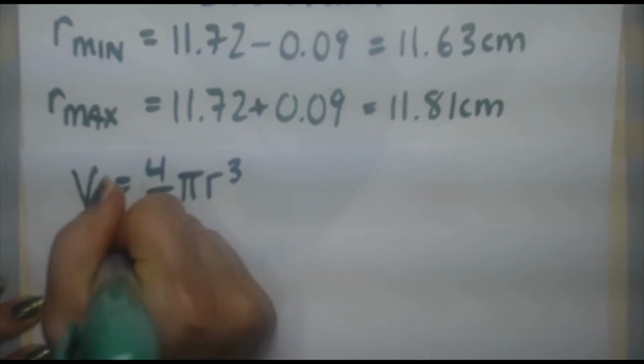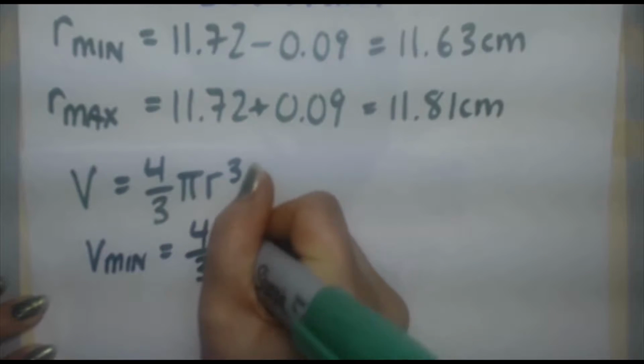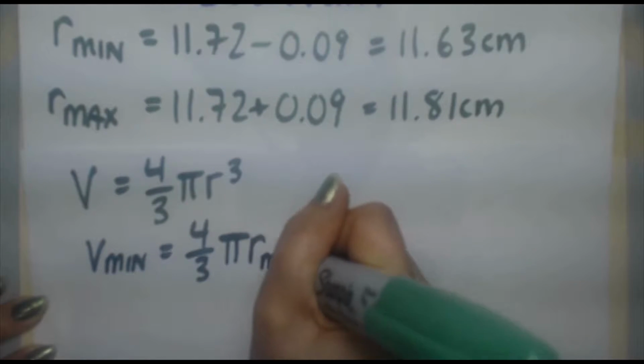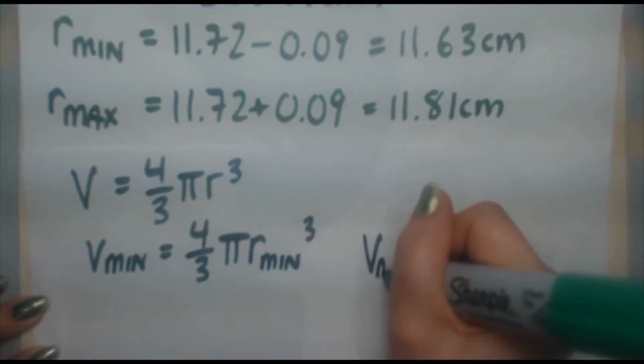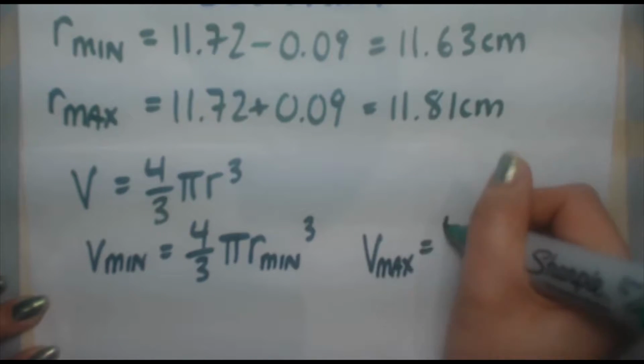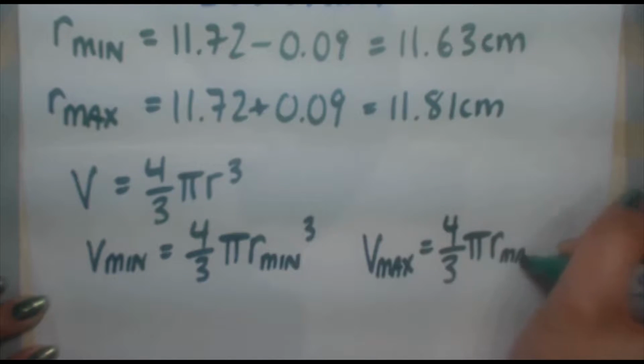So V min is equal to 4/3 pi r min cubed, and same with V max: V max is equal to 4/3 pi r max cubed.